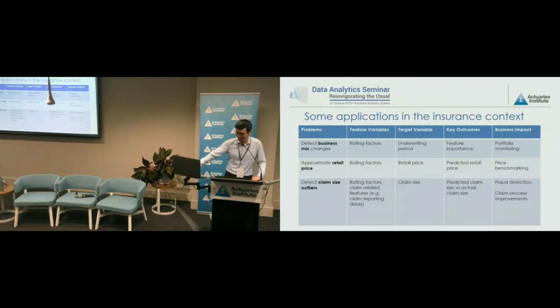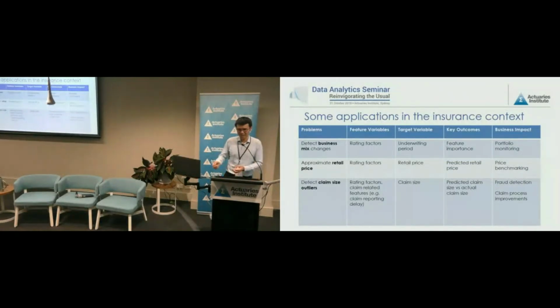And finally, you've got claim size outliers. You take your claims data set, together with your policy data sets like your policy characteristics, and then you can use it to detect outliers. For example, in travel insurance, a luggage claim typically costs a few $100s or $1,000.